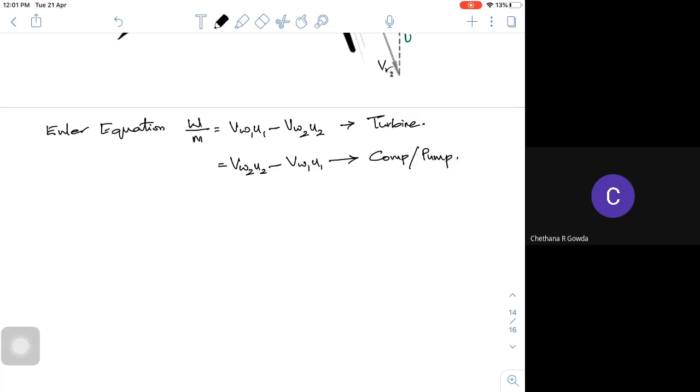Fine. Now, for an axial flow machine, this is for a radial flow machine. For axial flow machines, what is going to happen? My U is common.